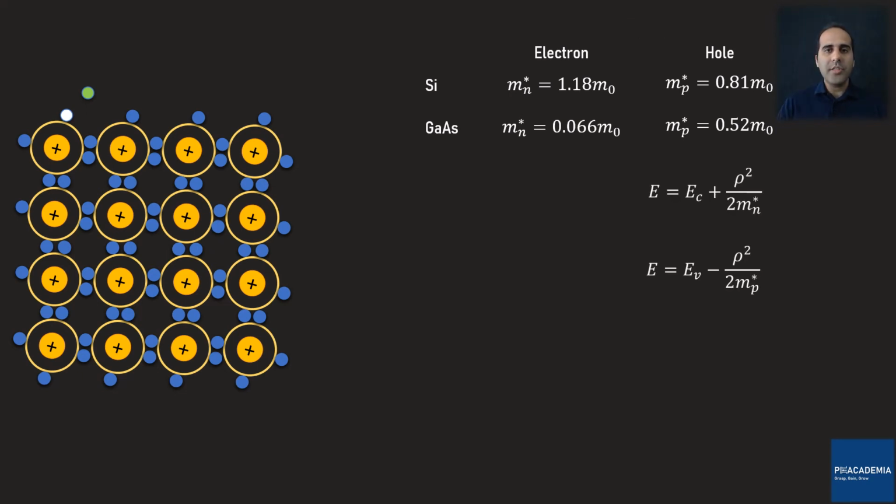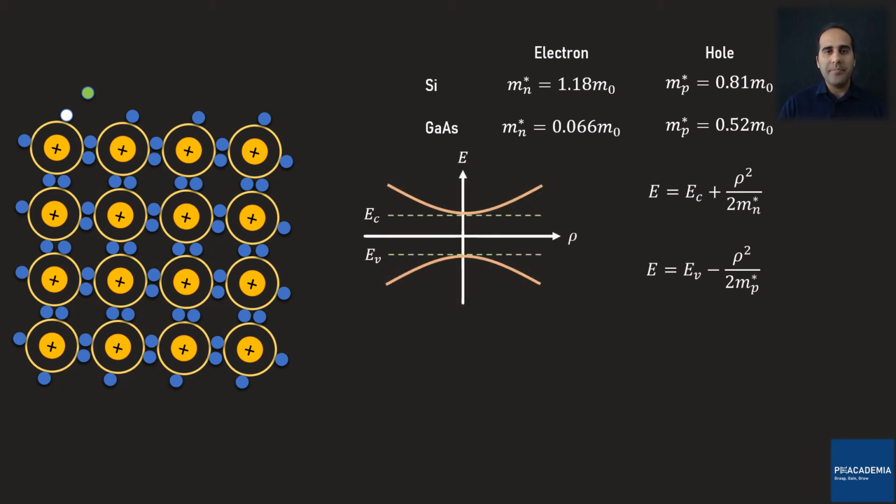These two equations describe the energy momentum for the conduction and valence bands of a particular semiconductor. Let's draw them and see how they look. In this diagram, EC and EV represent the absolute minimum and maximum of the conduction and valence bands respectively.